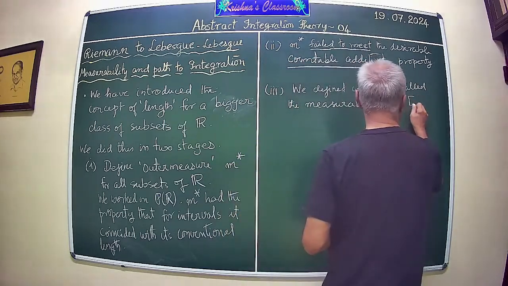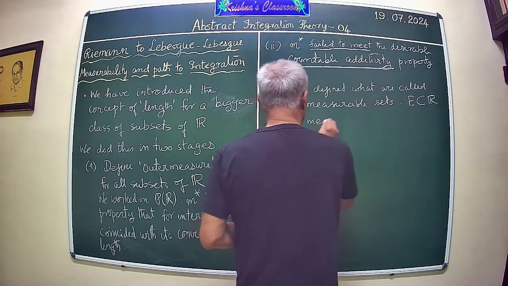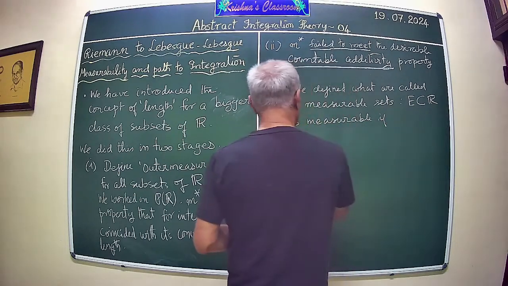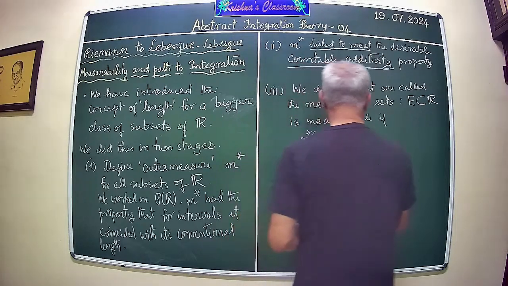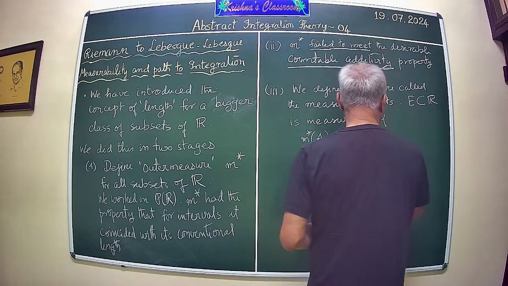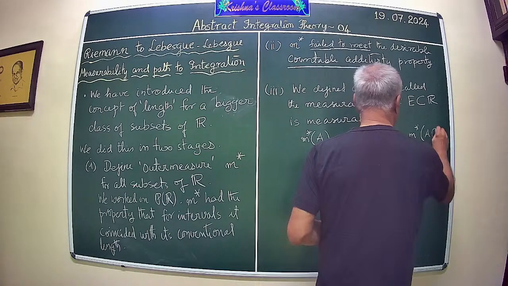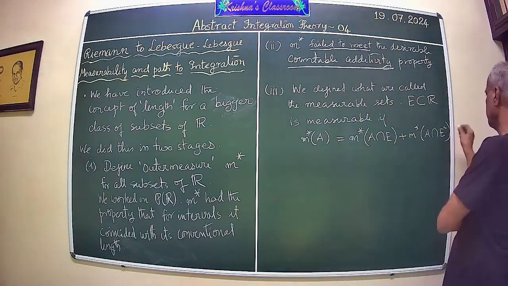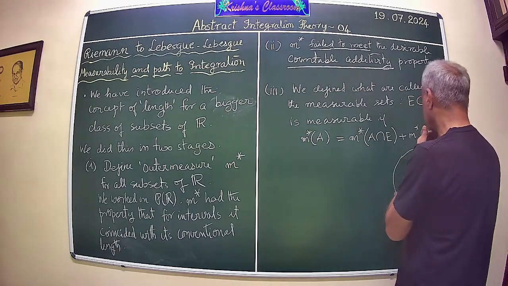E is measurable if, for any set A, m star of A equals m star of A intersection E plus m star of A intersection E complement. This schematically is a Venn diagram.